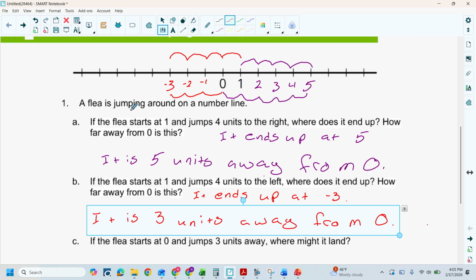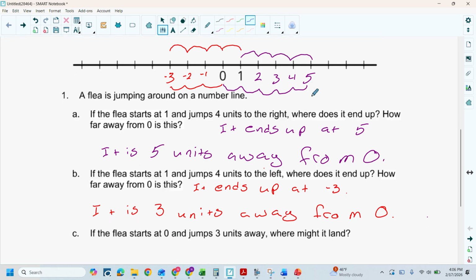Okay? Now, so let's switch colors again. So if the flea starts at 0 and jumps 3 units away, where might it land?